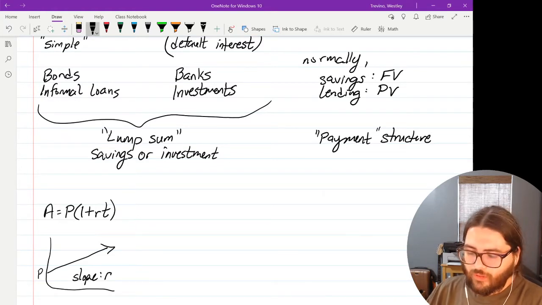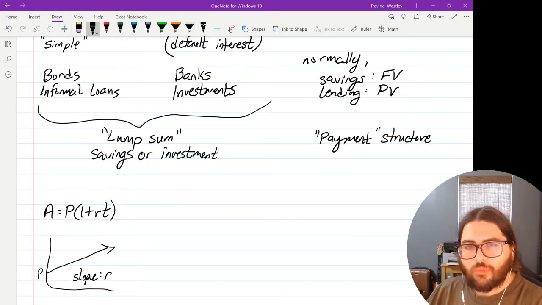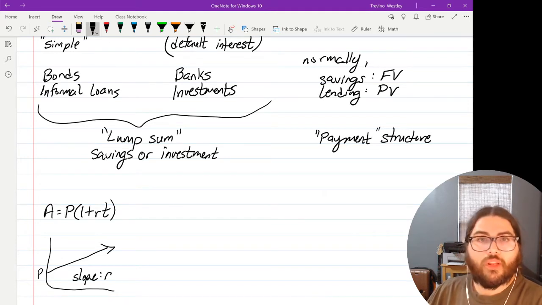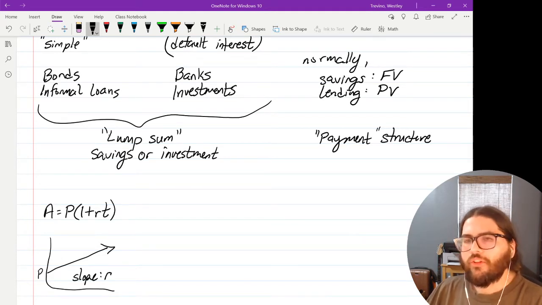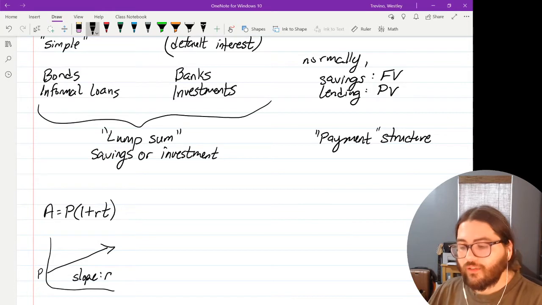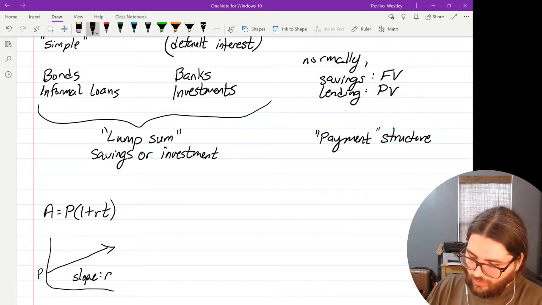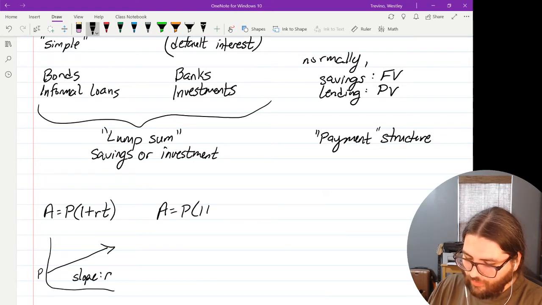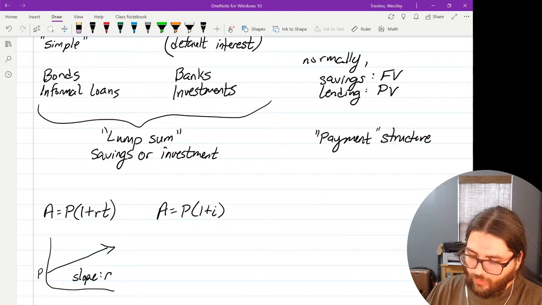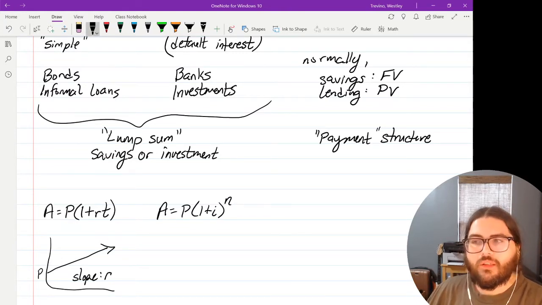This is a straight line. If this brings back feelings of y equals mx plus b lines from an algebra class a long time ago, there's probably a good reason for that. It is that kind of growth. The compound interest, on the other hand, brought in this idea of exponents. So now I have P times (1 plus i) to the n power.